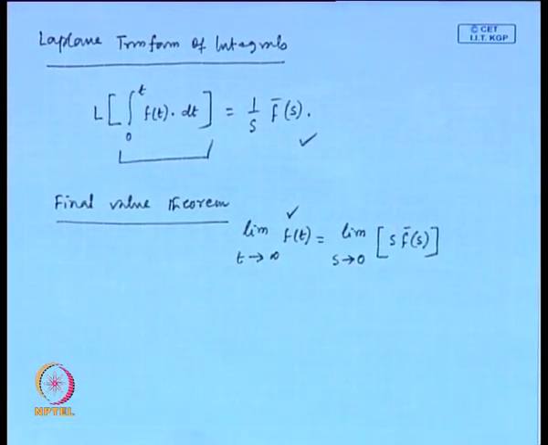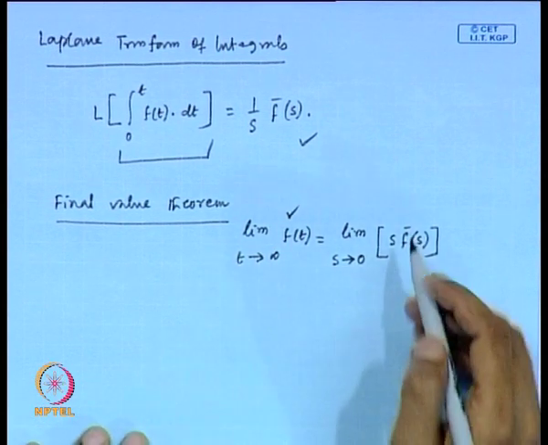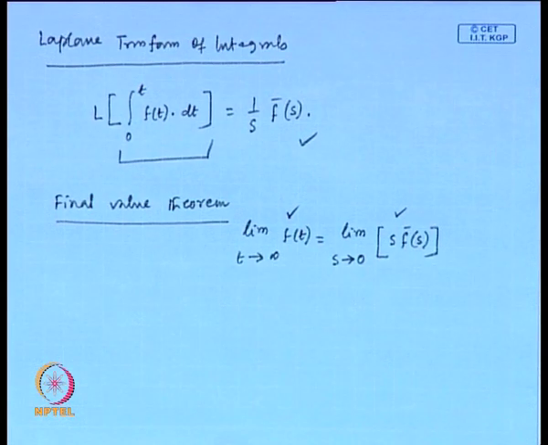If our modeling equations are in the time domain, then we have to consider the left side. If our modeling equations are converted to the Laplace domain, in that case we have to consider the right side.